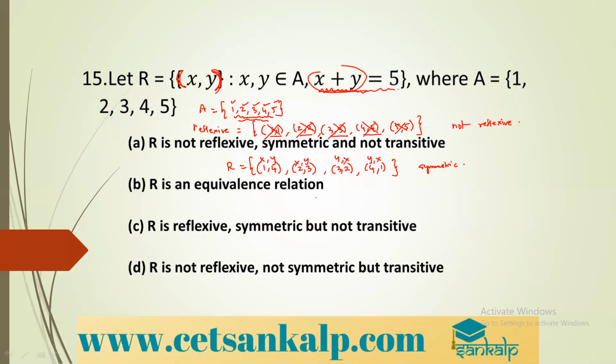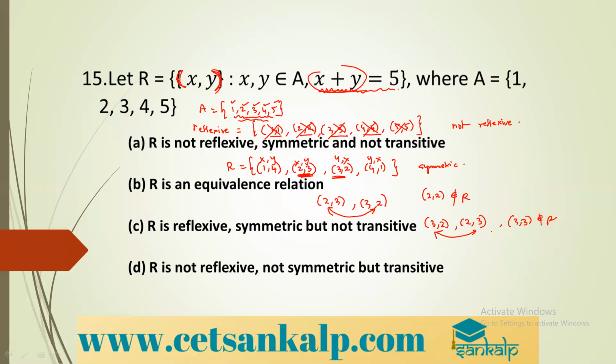Now we will see whether it is transitive or not. How to see whether it is transitive or not? Concentrate on these two. There is (2, 3), there is (3, 2). But (2, 2) is not there in the relation. Similarly, there is (3, 2), there is (2, 3), but (3, 3) is not there in the relation.